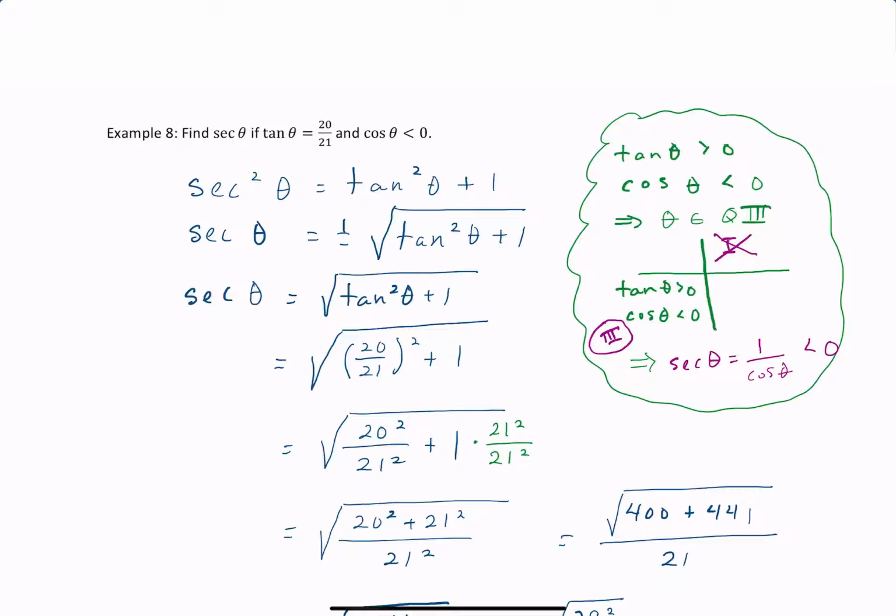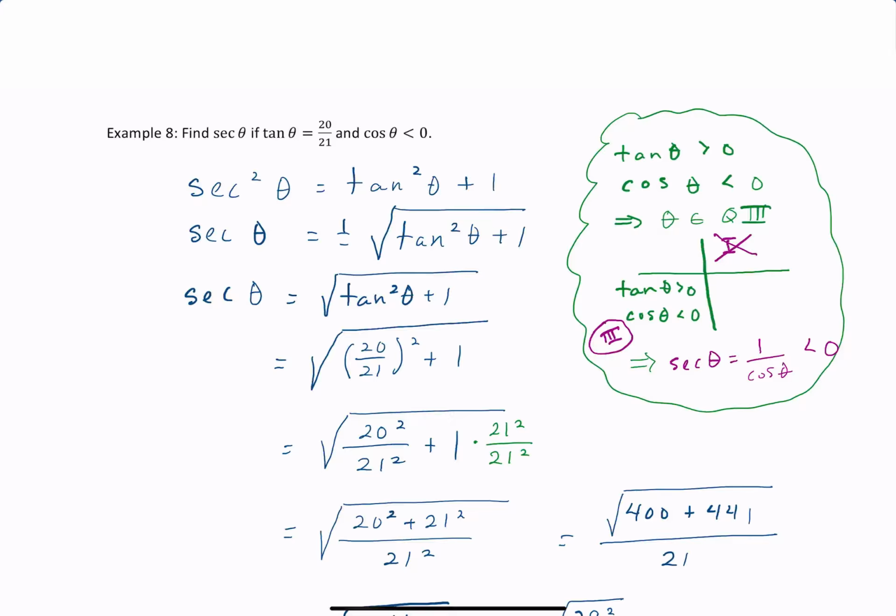But I wanted to point out that we can actually, from the given information, figure out exactly what quadrant theta is in, and you do sometimes have to do that. You have to go through that whole reasoning process. Okay, so back to the problem.